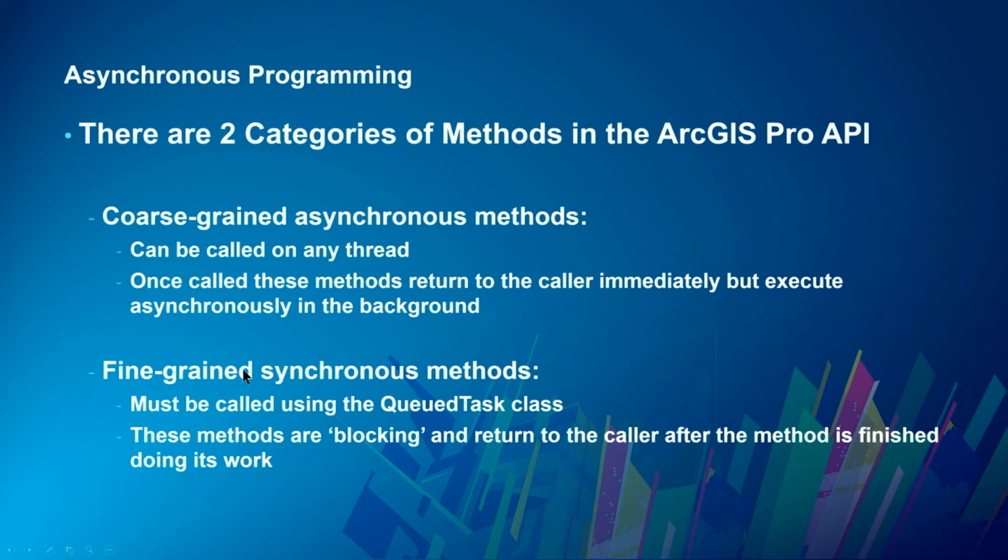So fine-grained synchronous methods must be called using the QueuedTask class, which we explain on the next slide. These methods are blocking and return to the caller after the method is finished doing its work. So if you would call one of these, or if you would be allowed to call one of these on your GUI thread, on the user interface, it would be blocking.